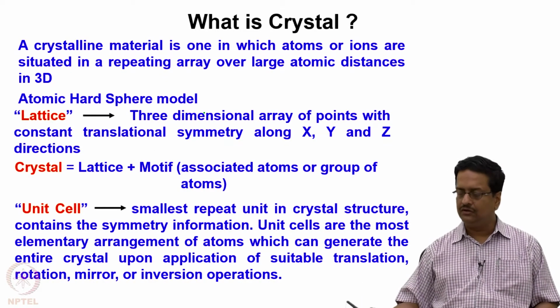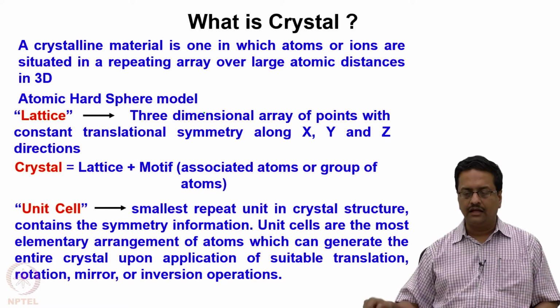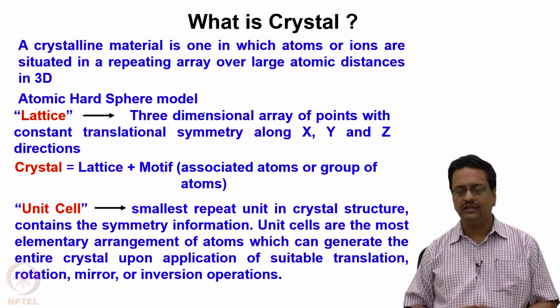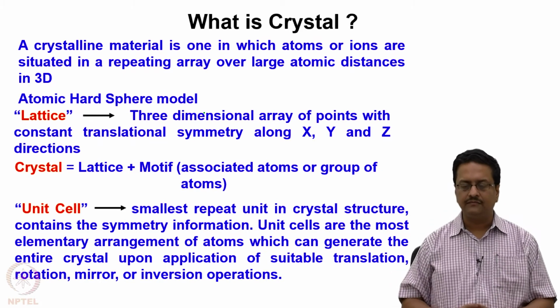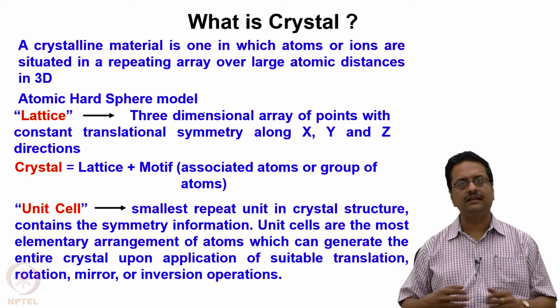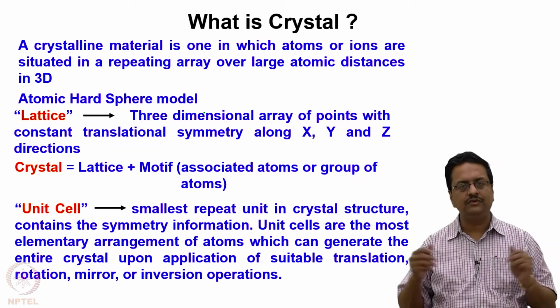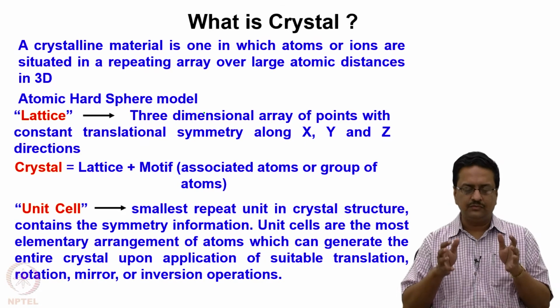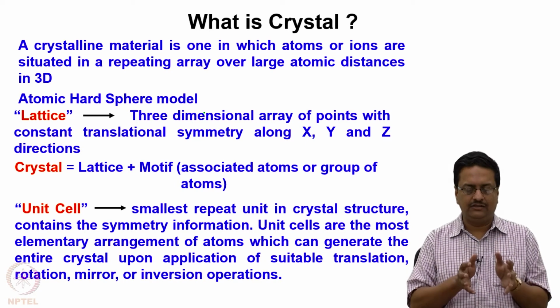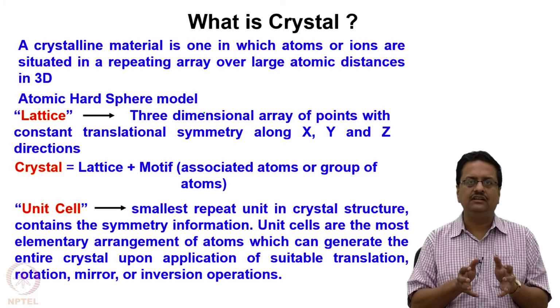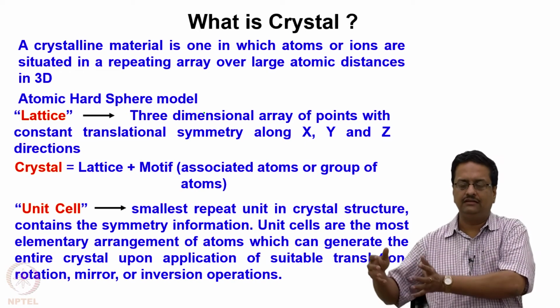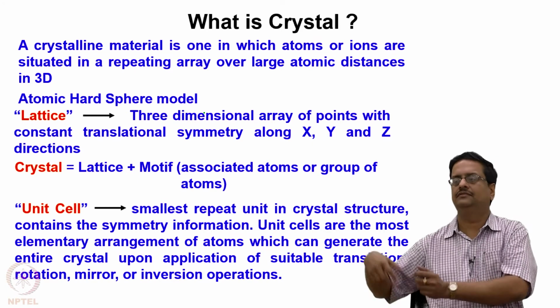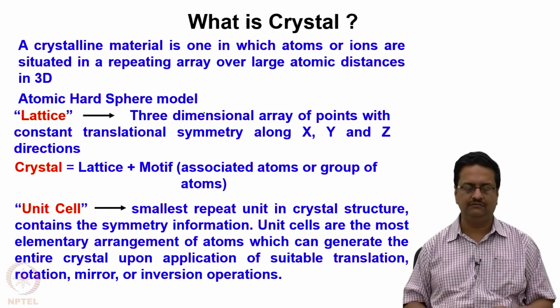So, first of all, what is a crystal? A crystalline material is one in which the atoms or ions are situated in a repeating array over large atomic distances in 3D. So, suppose in this room we have one atom at this particular position, in the next room on my right it will have the same position, in the following room on the further right we will have the same atom.